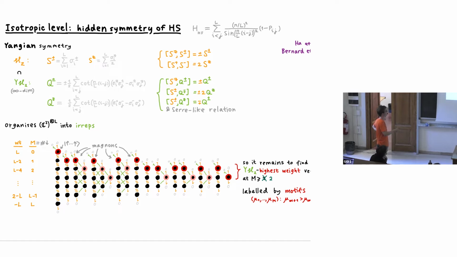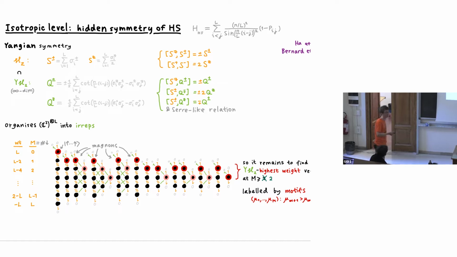It's annihilated by Q plus and by S plus. But if you act by Q minus, or a suitable linear combination of Q minus and S minus, then you get this thing, which was the limit of the bound states for Heisenberg. So we have lots of these extra symmetries, and because of them we only need to know the Yangian highest weight vectors.